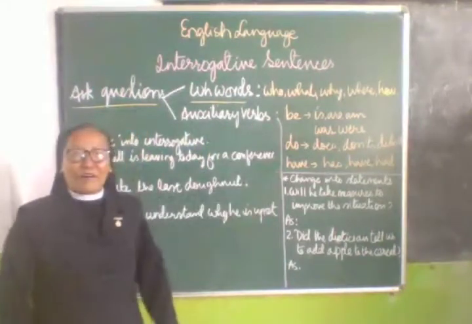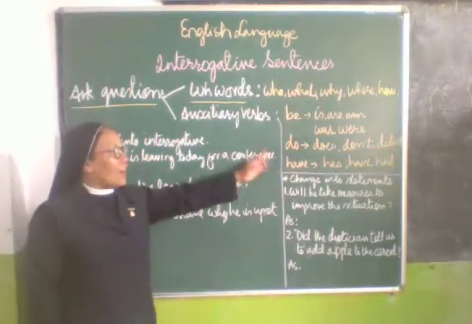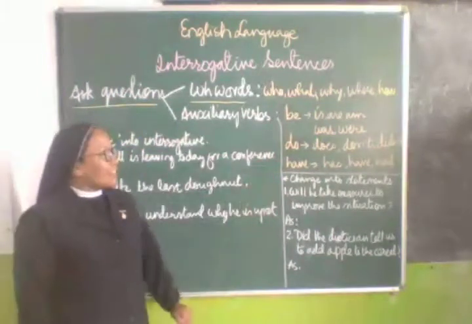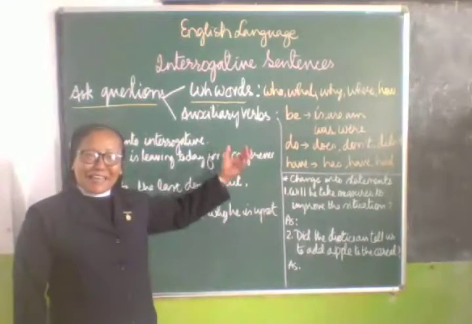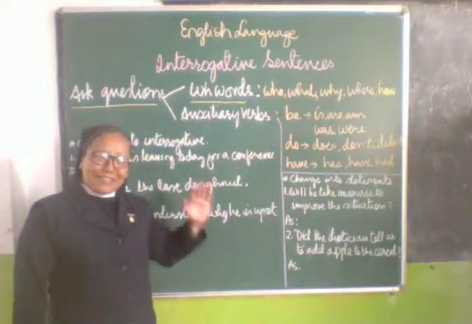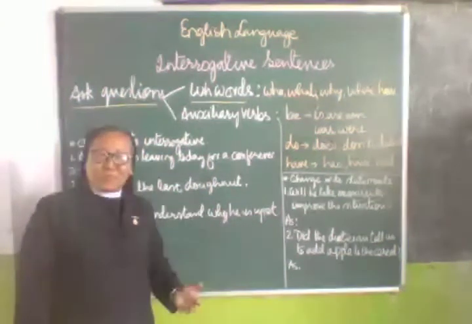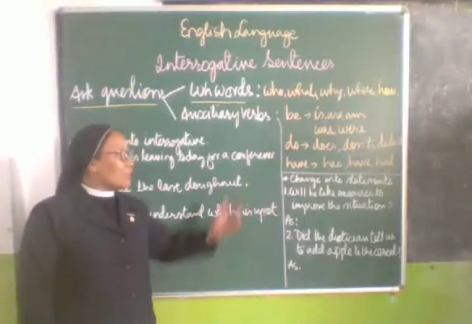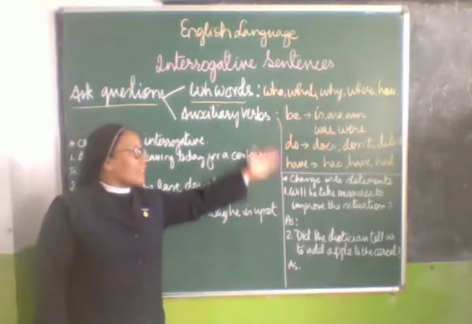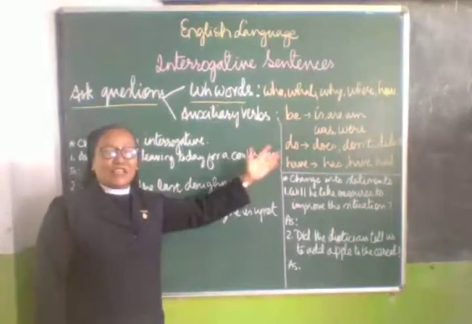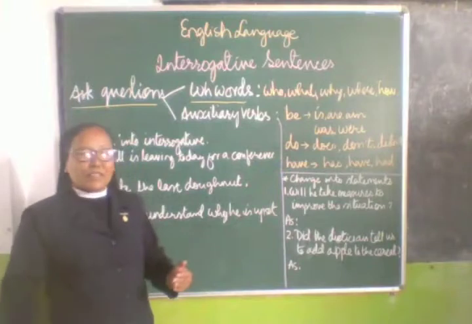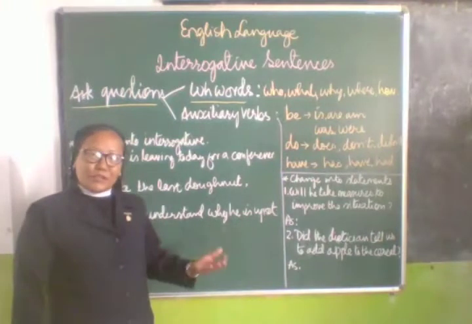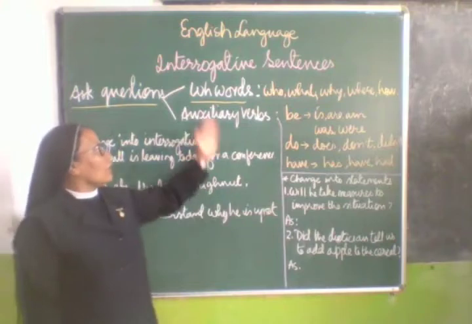Be form, as I did last week in the revision with you, go back to the page again and again. Why? Because it's very important for you to know this, because these are the base, and then you need the different forms in the different tenses that we use. Auxiliary verbs are helping verbs.